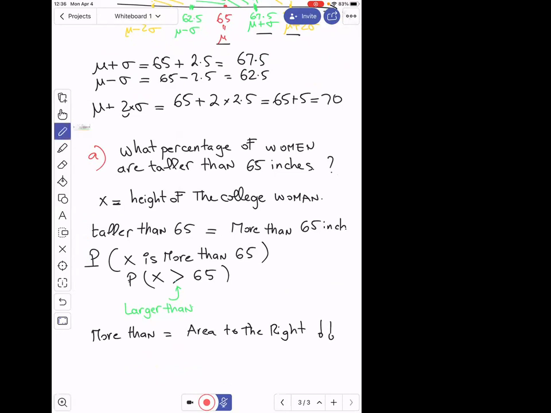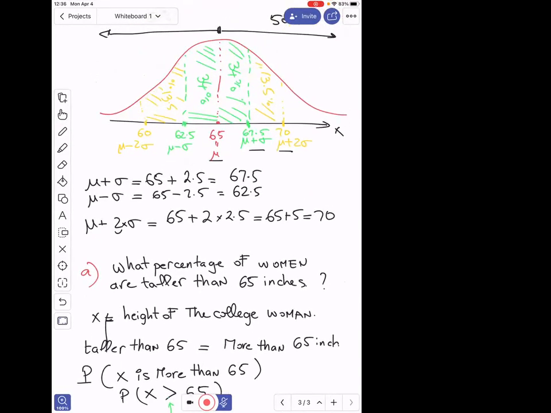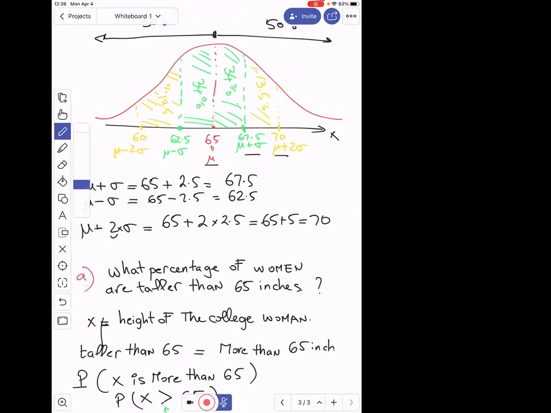So I need to find this area to the right of 65. I know my 65 is the mean. So here is my 65, and I need to find the area to the right of 65. That will be this area here. Now, what's this area to the right of 65?